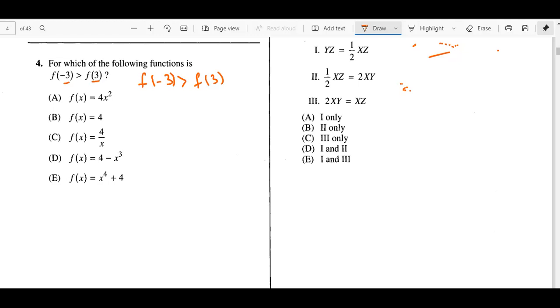So if we do it for this one, the answers would be same because we have x square. So minus 3 square and 3 square would be same. The answers would be same, and we have an inequality here. So A cannot be the choice. If I think of B option, that is 4, the answer is going to be same for f of minus 3 and f of 3.